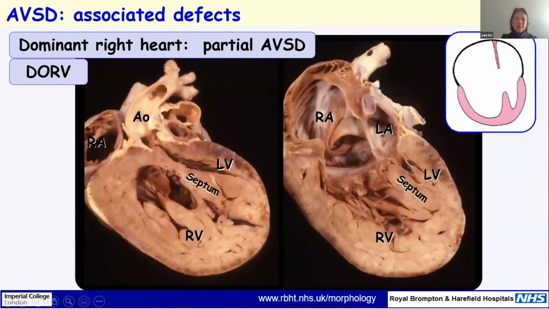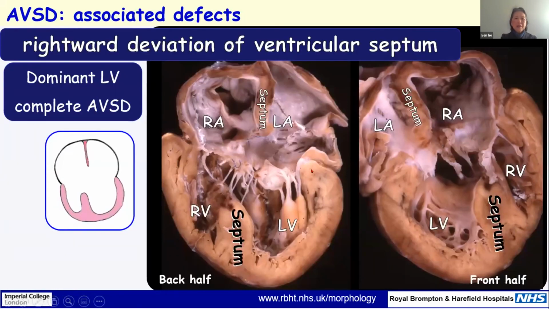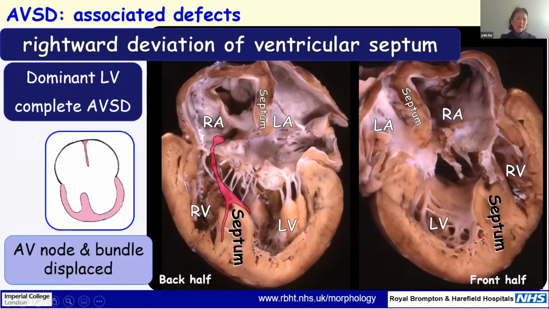Another example, but this time with a partial atrioventricular septal defect and double outlet right ventricle as well. And in this instance then, there is a rightward deviation of the ventricular septum that comes up to the atrioventricular junction. So a small right ventricle, right atrium, left atrium, the right atrium opening both to right ventricle and left ventricle. In this instance, it's important to bear in mind that the conduction bundle is displaced rightward following the ventricular septum.